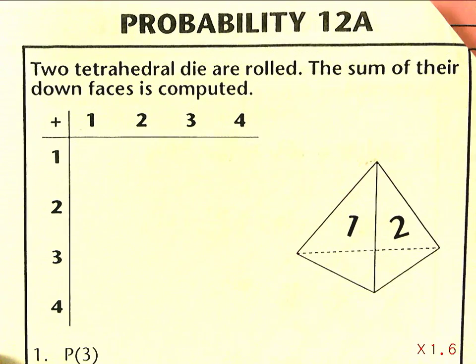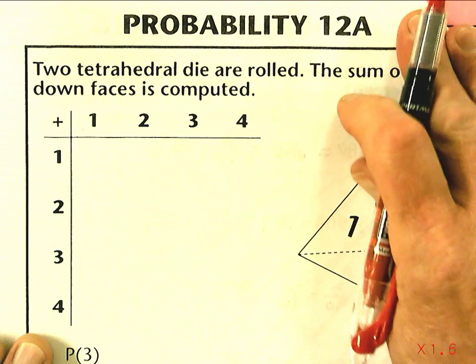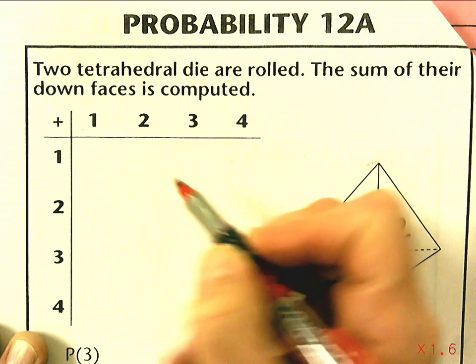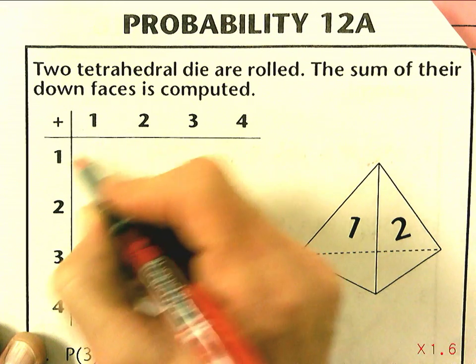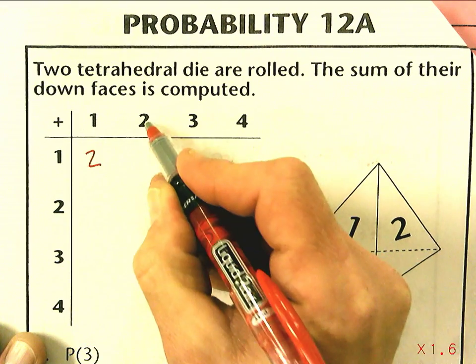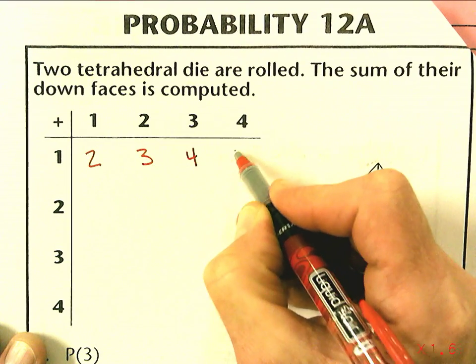So if we were to roll dice like that, and like we did the other ones, add their sums together, the two dice together, and just fill in the chart, and then we can look at some probabilities. So the 1 plus the 1, and the 2 plus the 1, and 3 plus 1, and 4 plus 1.